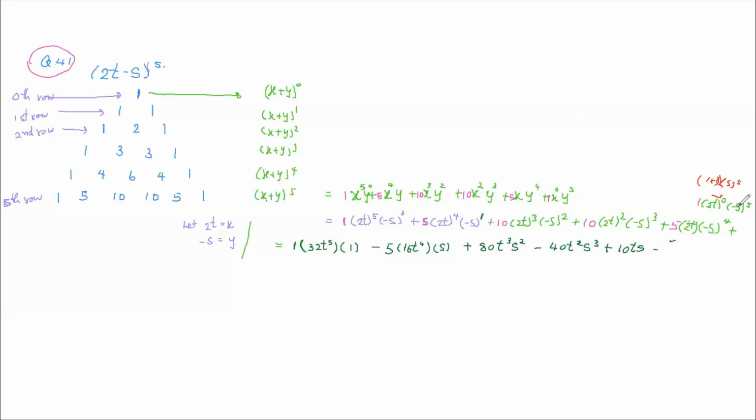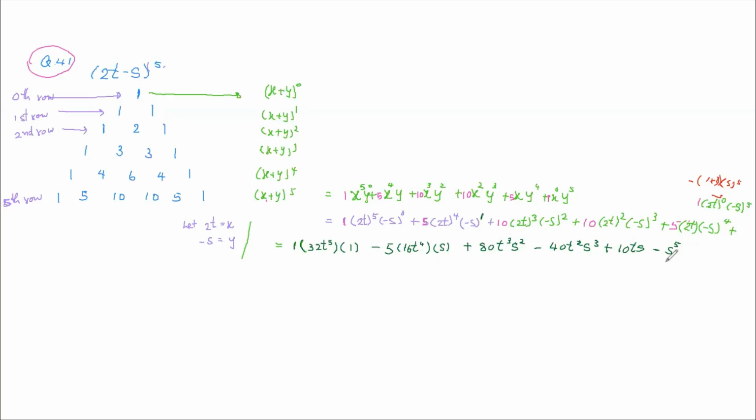And because it's an odd number, it comes out with a negative sign. Okay, so this one, the last term should be minus s power 5. Because this one, the whole thing is a 1.